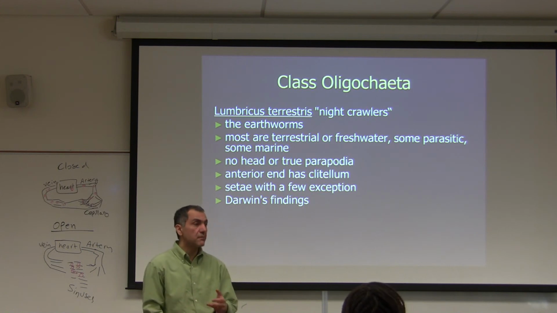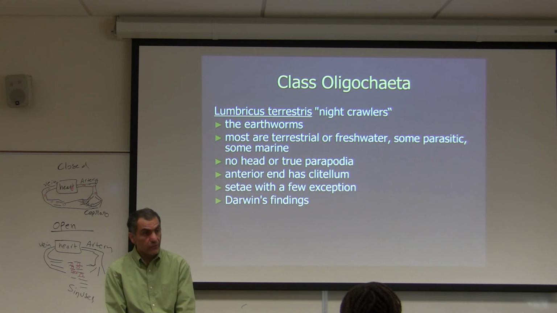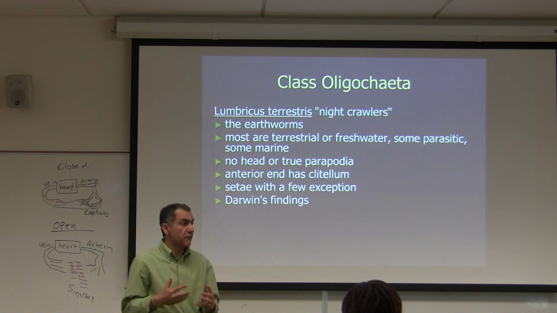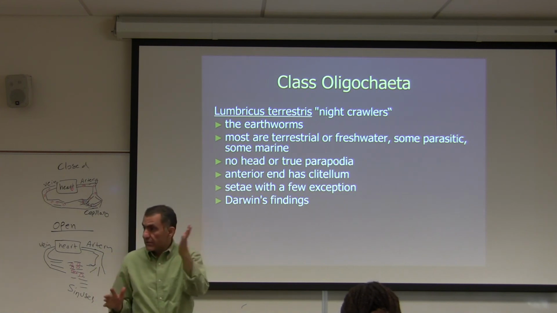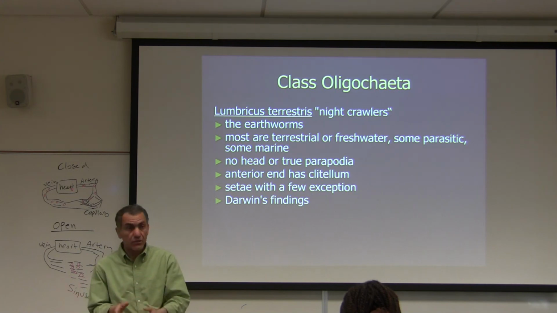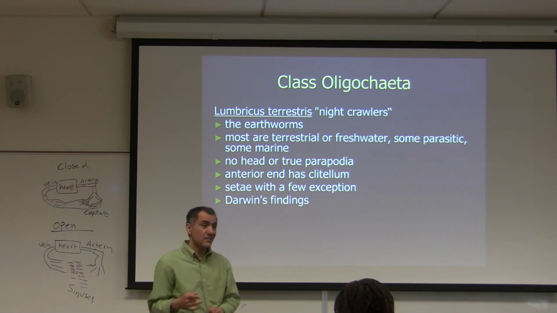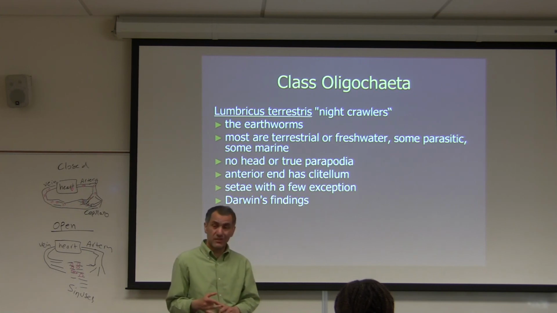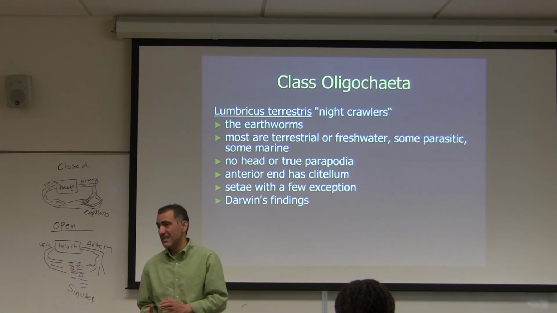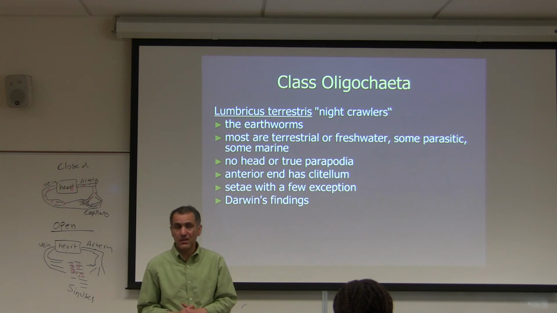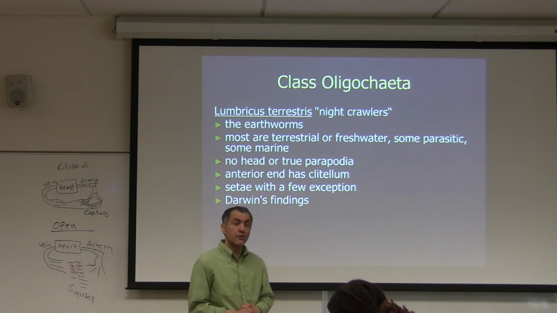He mixed up the bottom soil with the top soil, and that is good for plants. Of course, during his time, the farmers were trying to kill the earthworm. They thought they damaged the plants, but that's not the case. Usually, what damages the plants, if it's a worm, is a nematode. It's a nematode that is damaging the plants, not the earthworm. The earthworm is good for the soil.